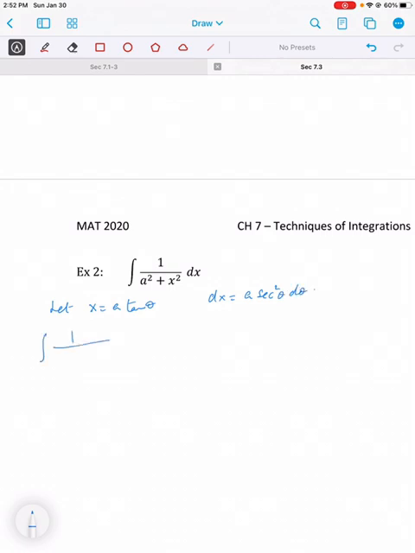Going back, substituting, we get 1 over a squared plus a squared tangent squared theta times a secant squared theta d theta.